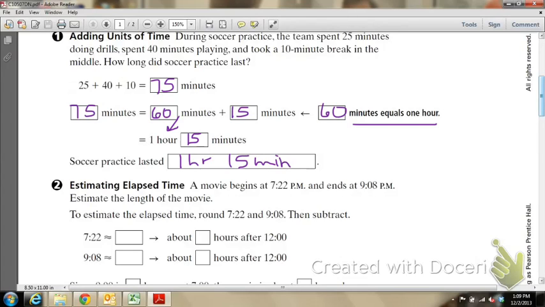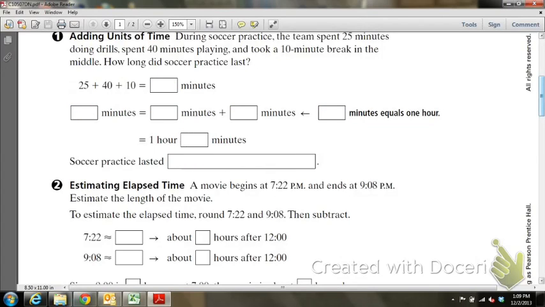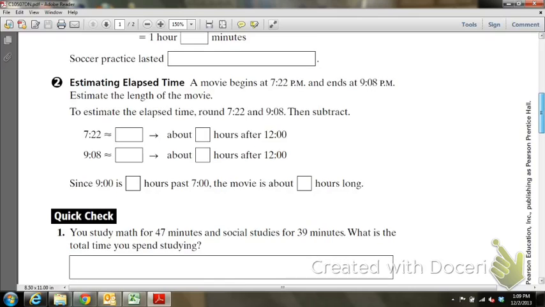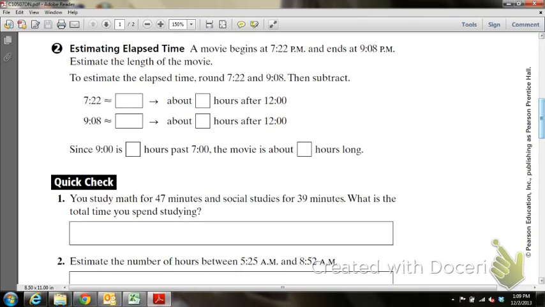So now let's try a harder one where you actually have to look at 2 different time amounts. If a movie began at 7:22 and ends at 9:08, estimate the length of the movie. Now they're nice and they said estimate.